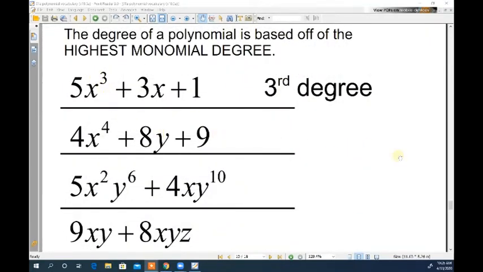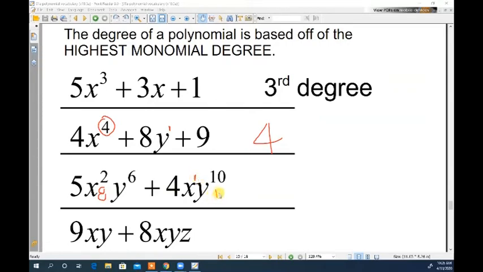What about this one right here? What is the degree of this one right here? Well, there's a little 1 right there, but this is the winner, so it makes it a fourth degree. What's the degree of this polynomial? Well, what's the degree of this guy right here? Well, this one is an 8. What's the degree of this one right here?